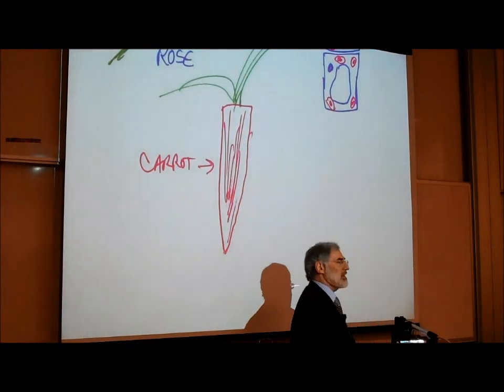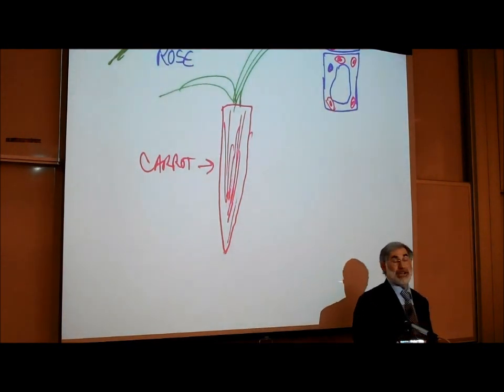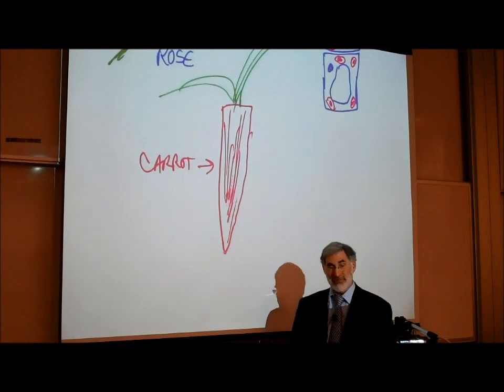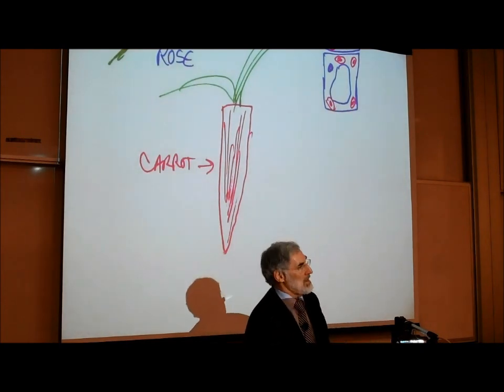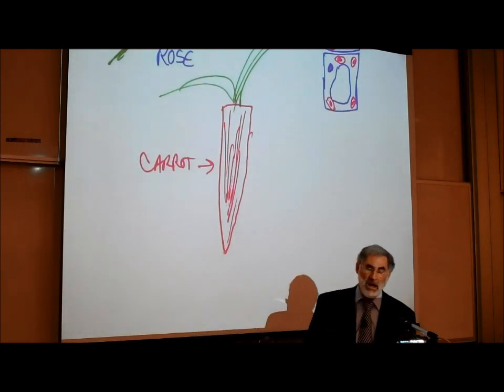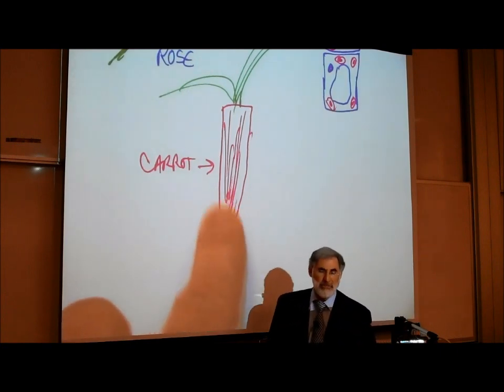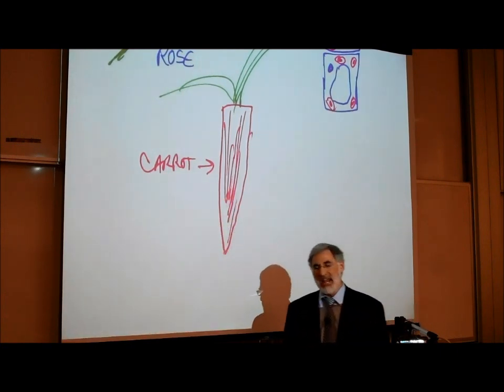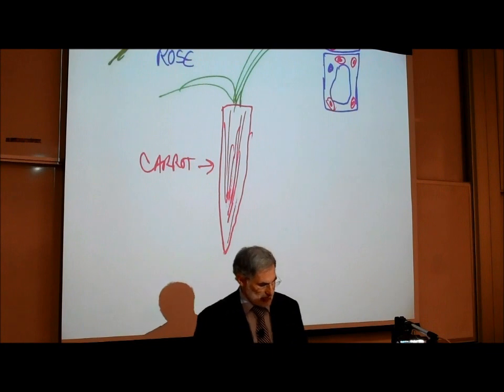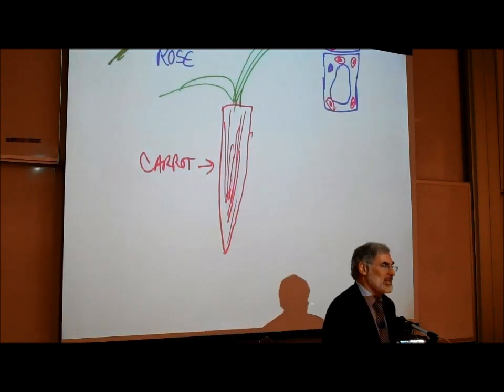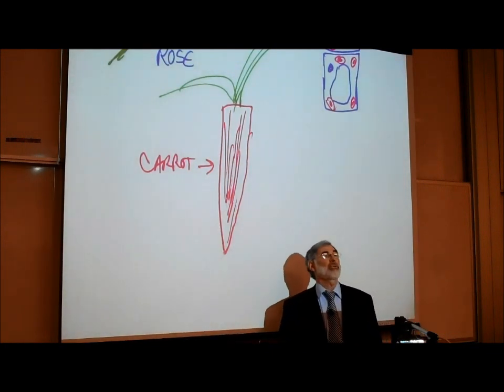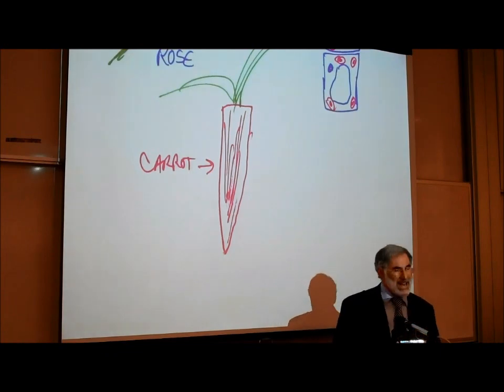So, first of all, do you think a carrot is made up of cells? Yes, every part of a plant is made up of cells. So, do you think that the cells that make up the carrot contain those chloroplasts? No. We know it doesn't, because if it did, it'd be green. The question is, why not?